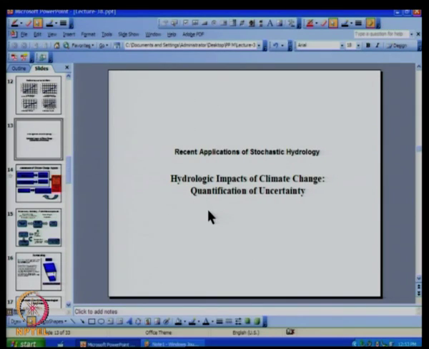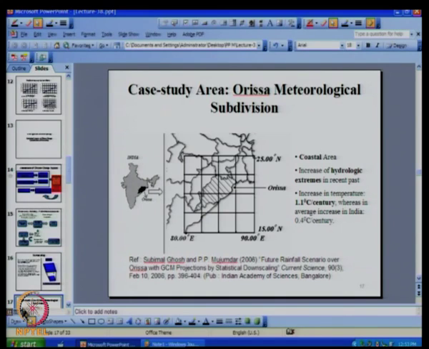So, this is what we call the hydrologic impacts of climate change, and when we are dealing with this topic, uncertainty is a major issue, and quantification of uncertainty becomes important. So, we will see various techniques that are available to assess the impacts of climate change.